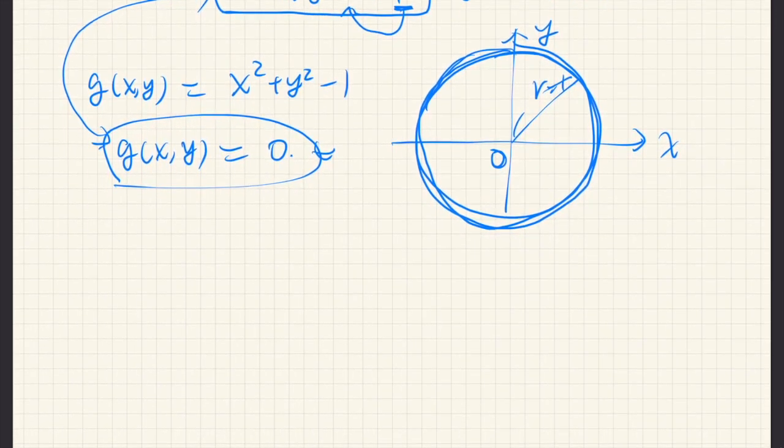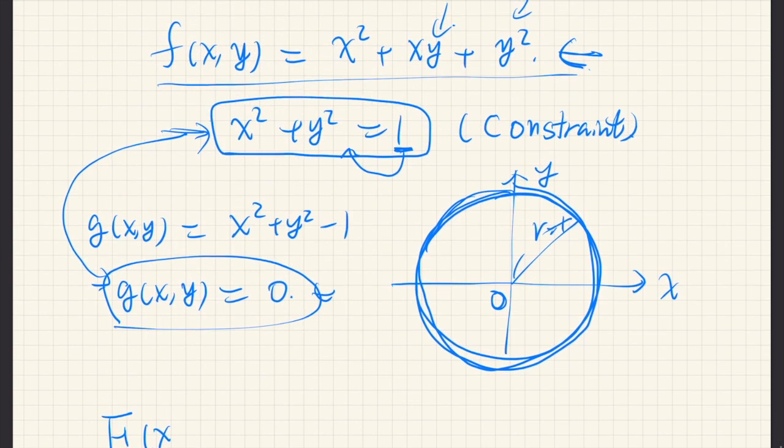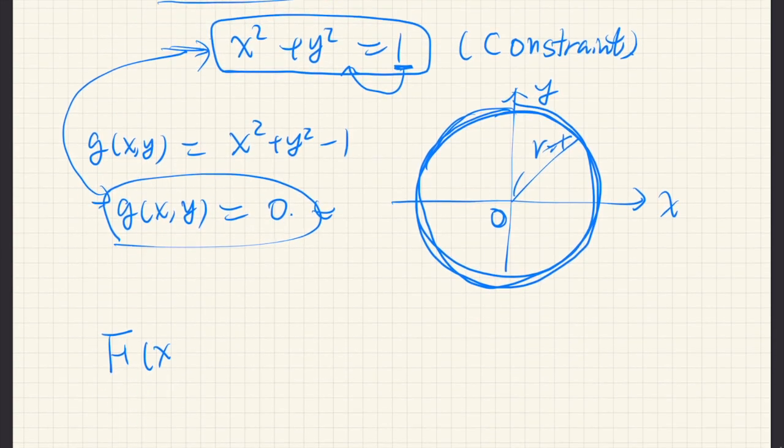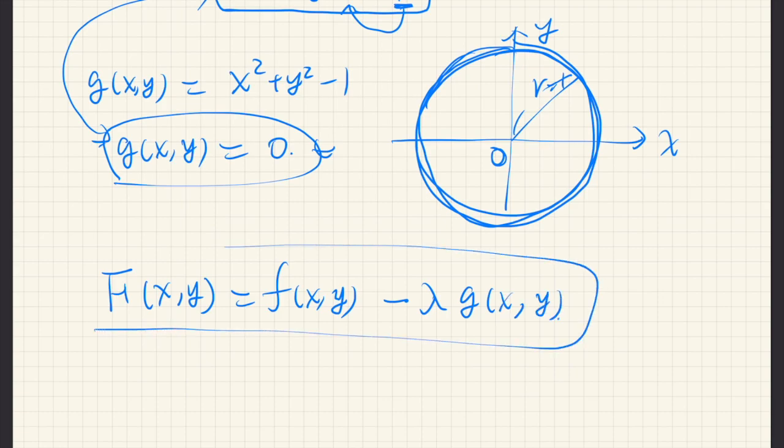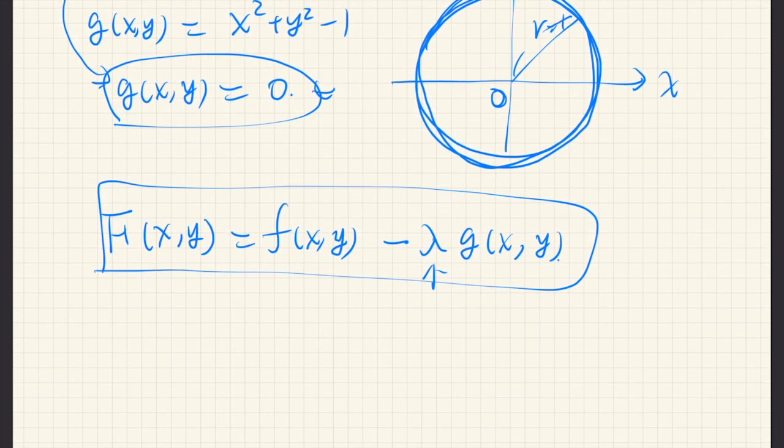To do so, we first define another function by combining these two functions in the following manner. So capital F of x and y is equal to f of x and y minus lambda g of x and y. So we define this new function where this lambda is an undetermined multiplier.